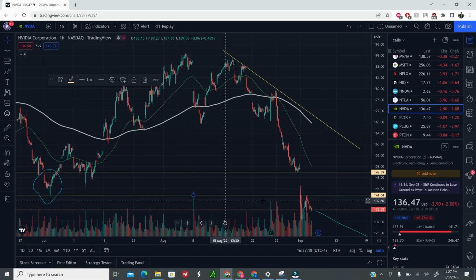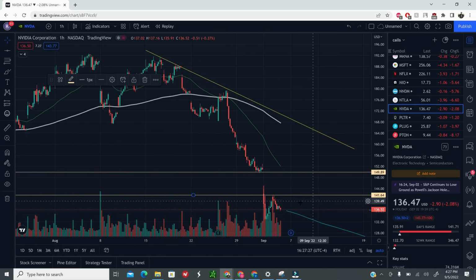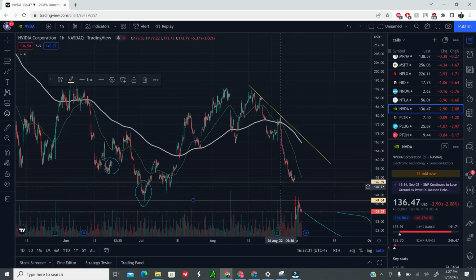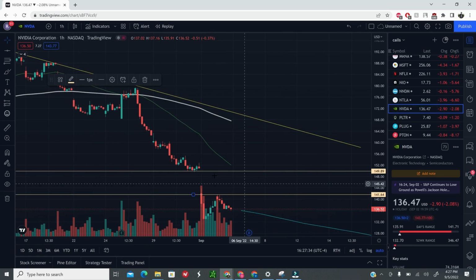Before it broke down, we had that as support, so that is a very significant level. All the shorts will be looking for that break to cover. If it doesn't break, you still have a long way even in the short term. Those will be your support for the short side.